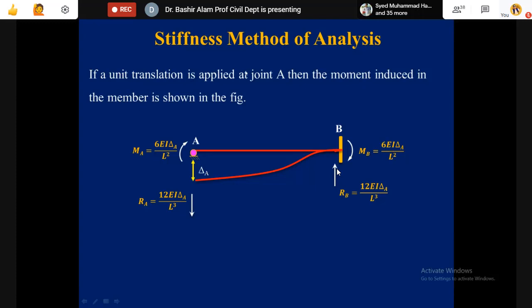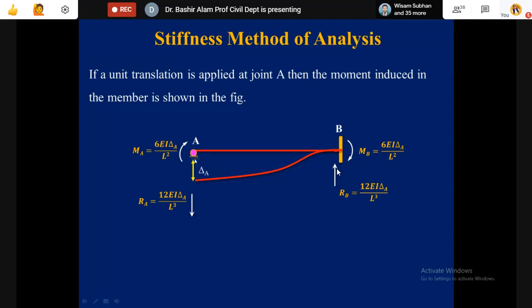If a unit translation is applied at A, then the moment induced in the members is shown in this figure. Now first, how to find the direction of the moment produced at the near joint? Near joint means where the settlement is applied.